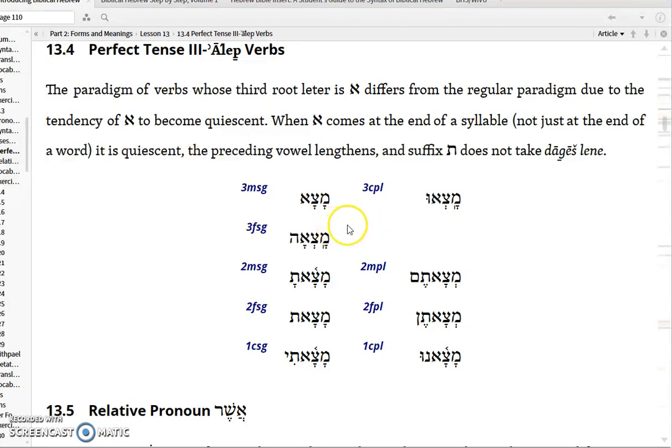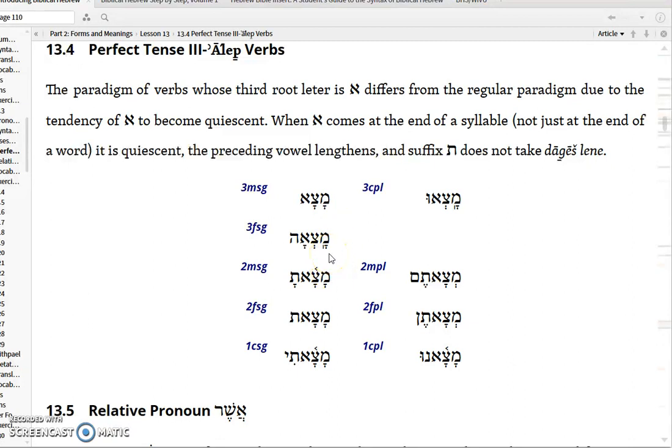But you'll see in the third masculine singular that the aleph causes, since it's an open syllable apparently, the vowel to be a long vowel, a long A rather than a short A. That shows up also in the second masculine singular. Matza means he found.